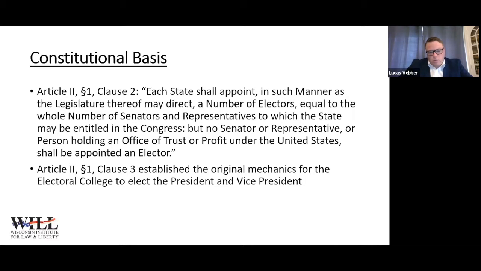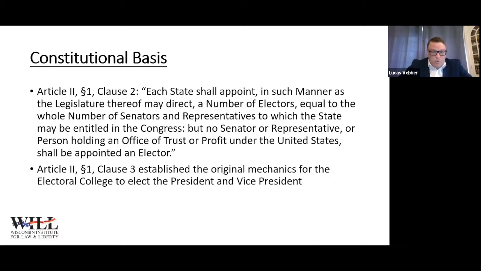Article 2, Section 1, Clause 3 established the original mechanics for the Electoral College to elect the president and vice president. As it was originally designed, the Constitution said that each elector gets 2 electoral votes. They cast both for whoever they want to be the president and vice president. Whoever gets the most electoral votes became the president.